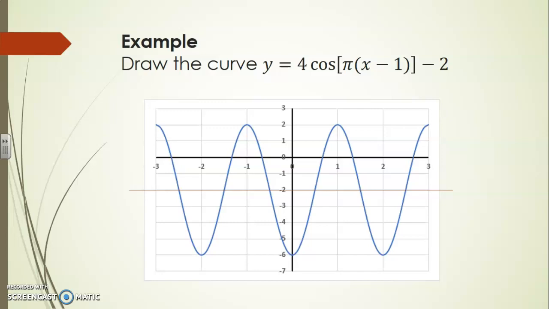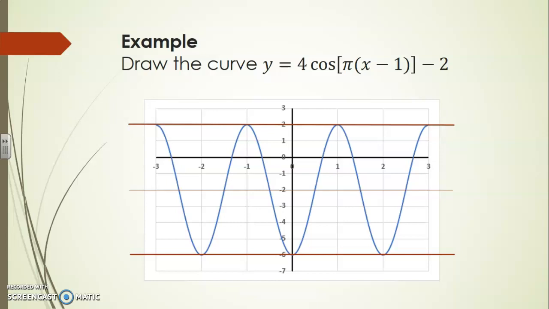The absolute value of the amplitude is 4, which means that from minus 2, the oscillations can go up or down by 4, and I will draw these two other lines: 4 units above minus 2 and 4 units below minus 2. So that's a guide.